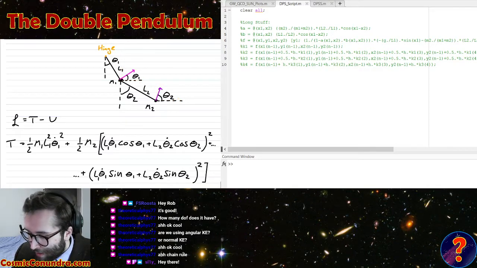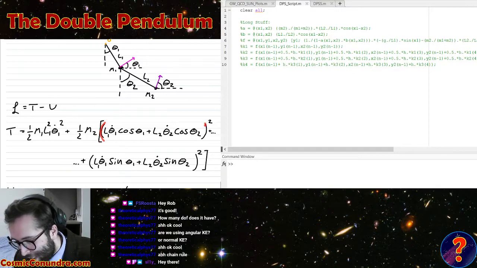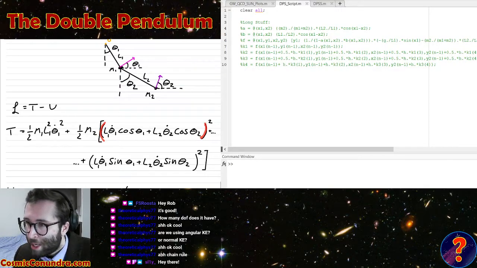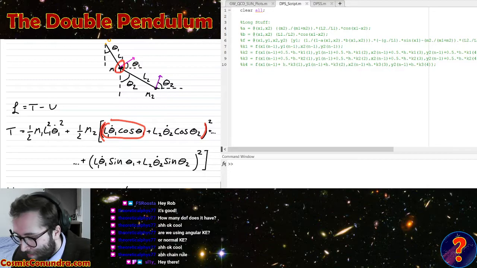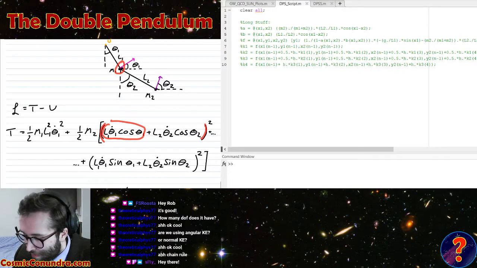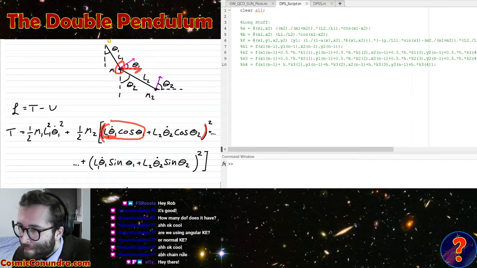Okay, so in doing that, I find here, in this first bracket, I'm finding the horizontal speed of the second particle. So this is the horizontal speed of the hinge, which is the linear speed of the hinge times cosine theta to give you this component along here.